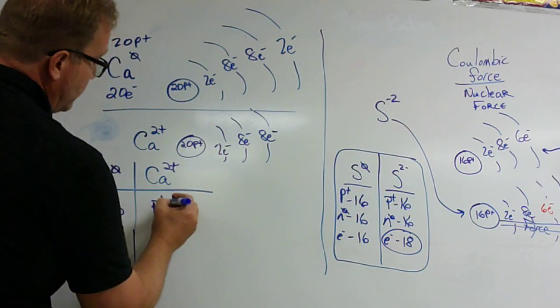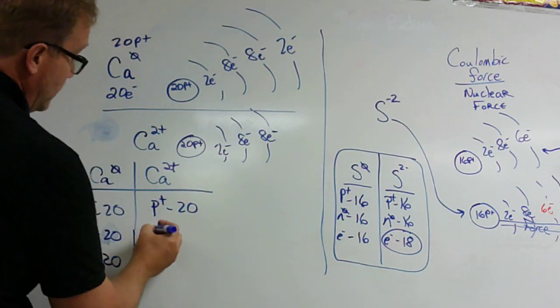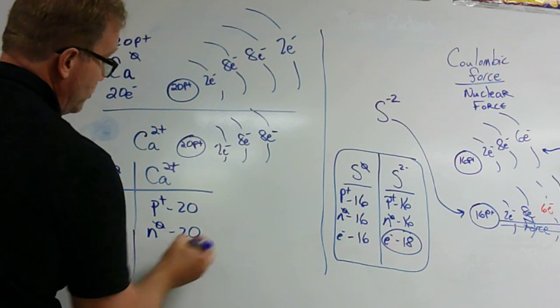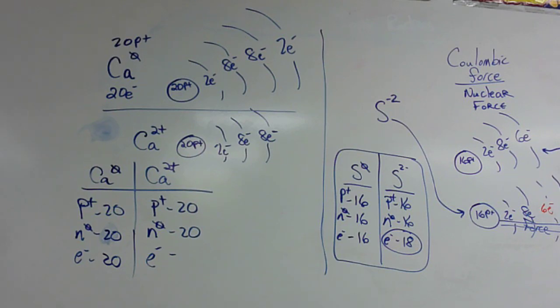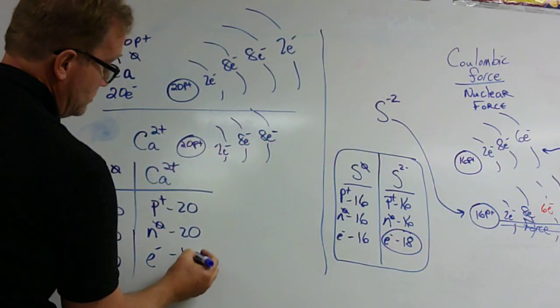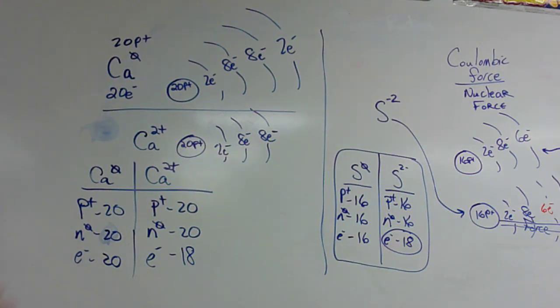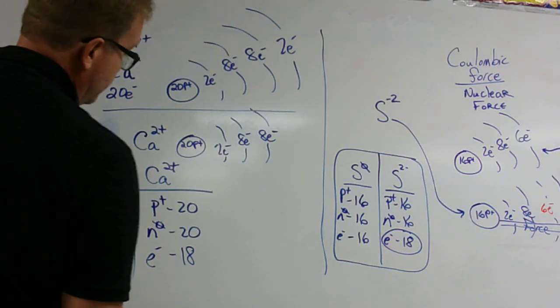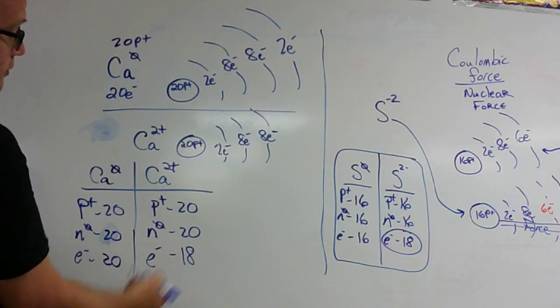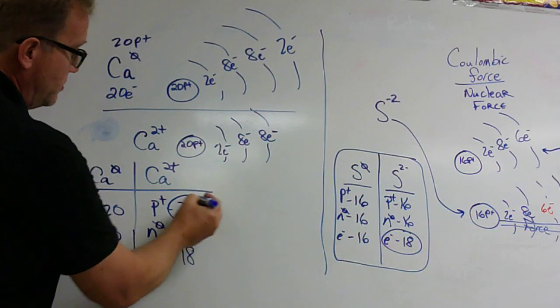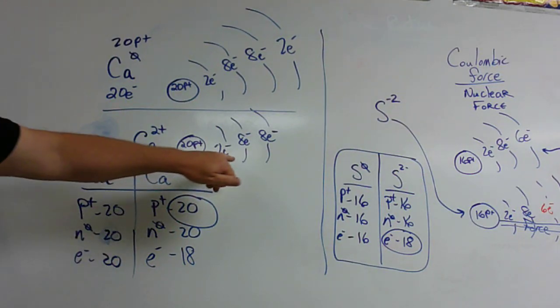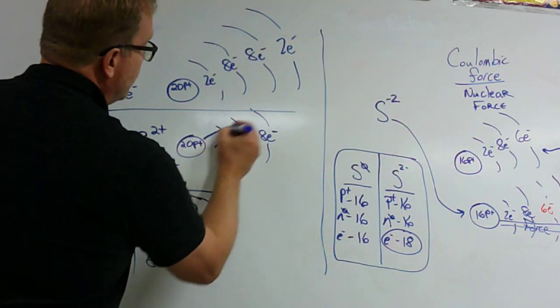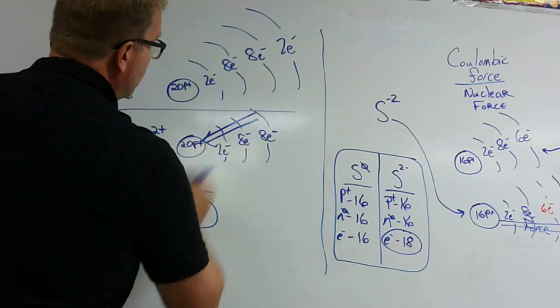Well, I got 20 positive protons, 20 neutral neutrons, and I lost my 2 electrons here, so now I have 18. Again, we're talking about our imbalance in the coulombic force or the nuclear force. Where is all my force going to be coming from now? It's going to be coming from here now, which means I have less electrons, which means I have more attraction here. And now it's going to go to the nucleus.